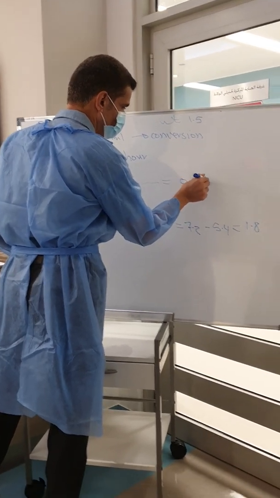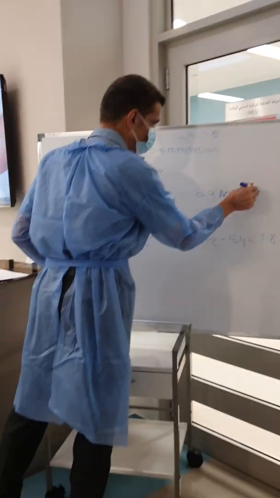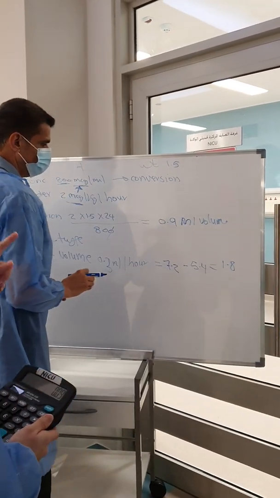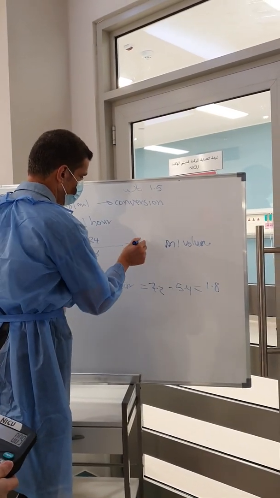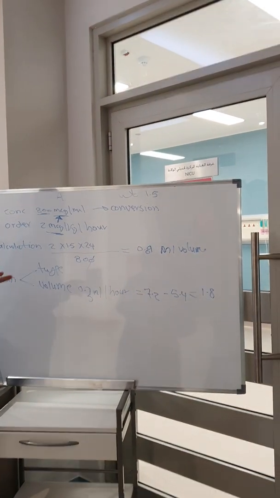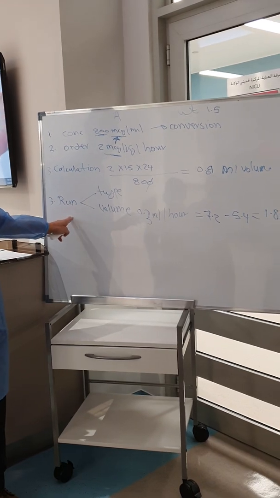So if you get 0.09, that will be impossible. So we need a first dilution before we do that.